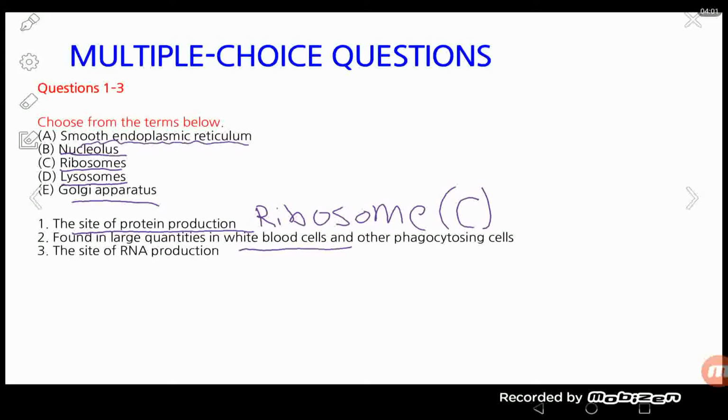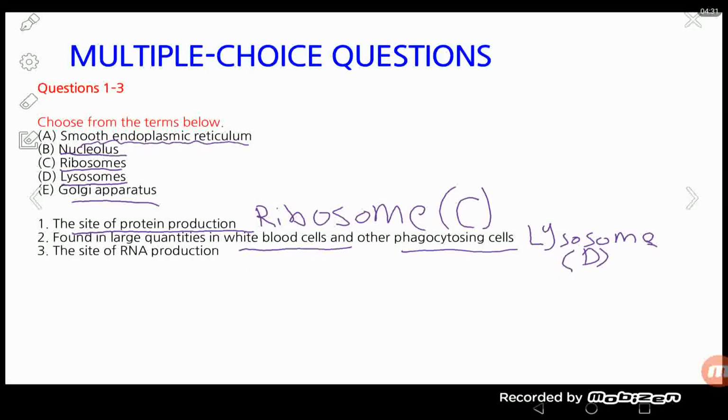So white blood cells are full of lysosomes, or they contain lysosomes, and other phagocytic cells. So the answer for this question, in which white blood cells and phagocytic cells contain large quantities of lysosome, is lysosome. D.